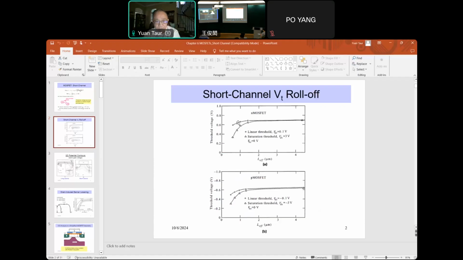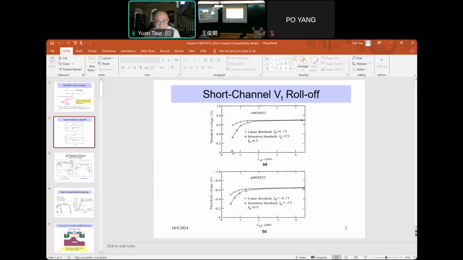Also, there are two curves, low VDS and high VDS. High VDS means that the threshold voltage goes down even sooner, even sharper. And eventually, if you are less than, let's say, 0.5 micron, the threshold voltage can become negative.